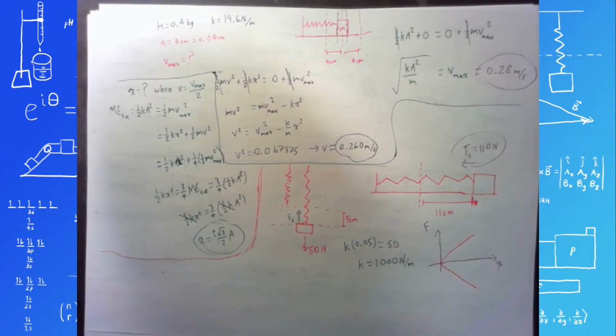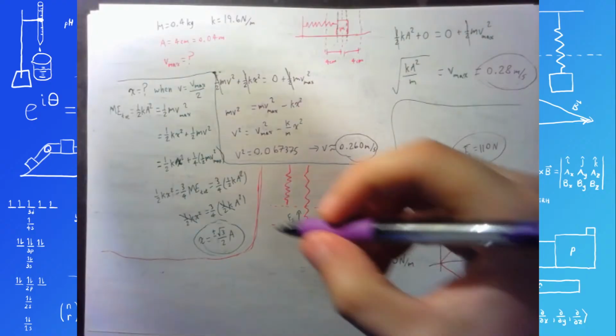I think we are ready to talk about our next thing, which is vertical springs. Let's talk vertical springs. So it turns out that we can treat a vertical spring as behaving exactly like a horizontal spring if we make a simple adjustment.